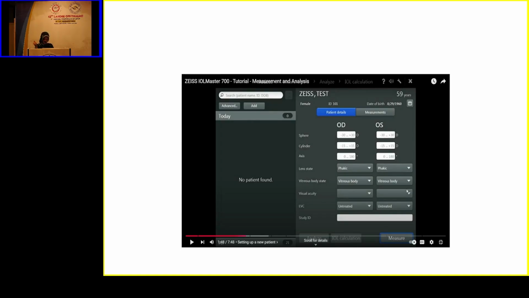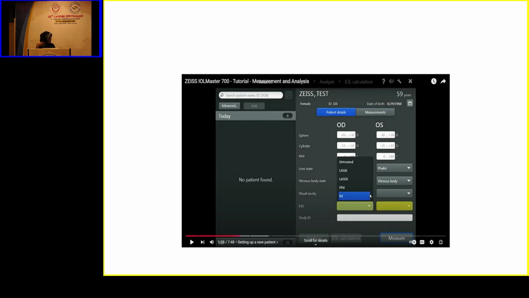I would also like to draw your attention to the LVC, the laser vision correction part in the setup. Because of the surge in recent refractive surgeries, we may expect that in the next 10-15 years, most of the cataract patients that we will encounter will have had some form of corneal refractive surgery, and missing out this point in history or in biometry can result in disastrous post-op surprises, and the machine takes care of that.